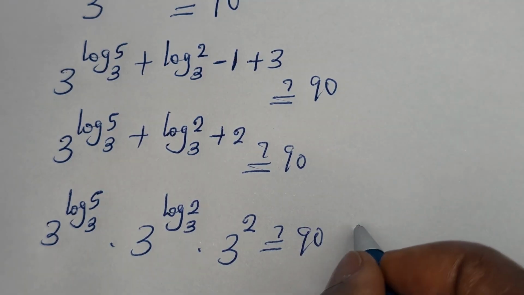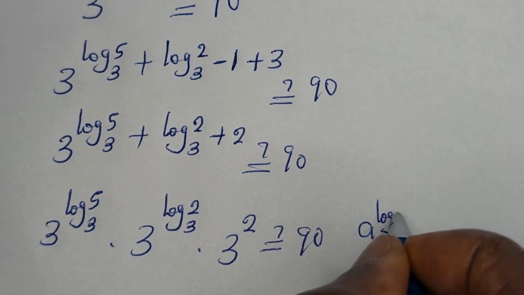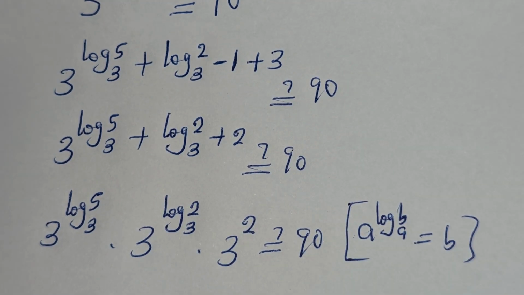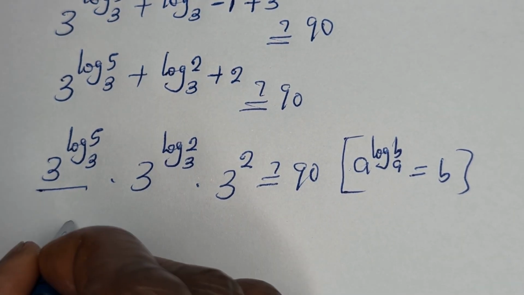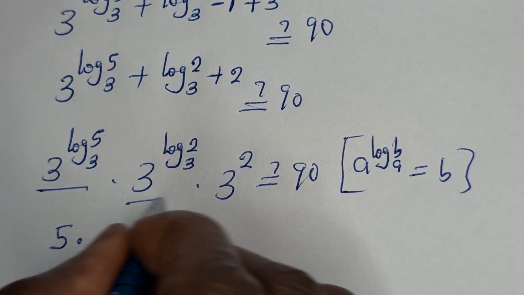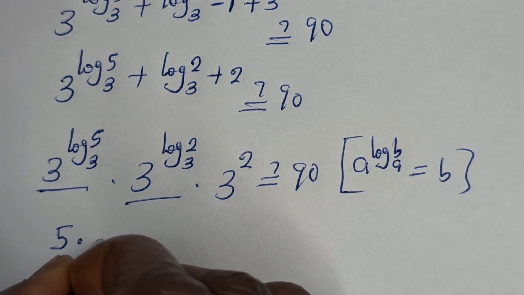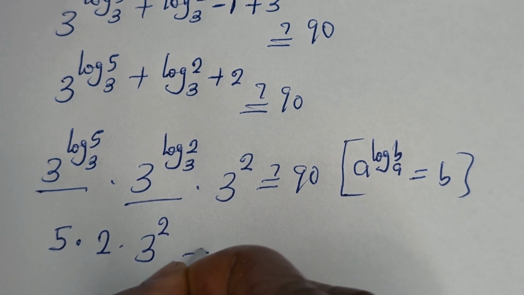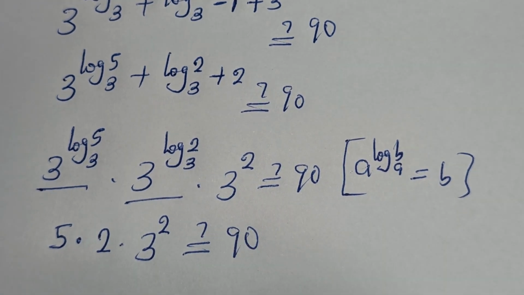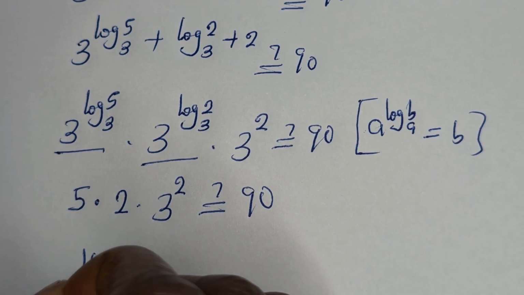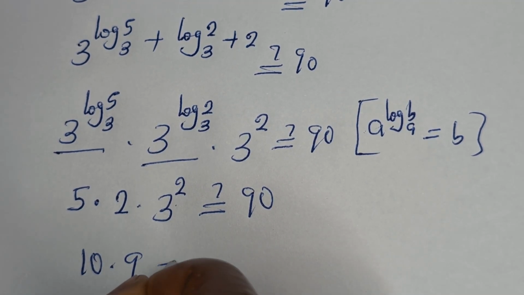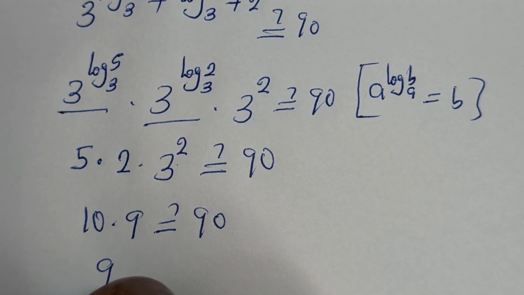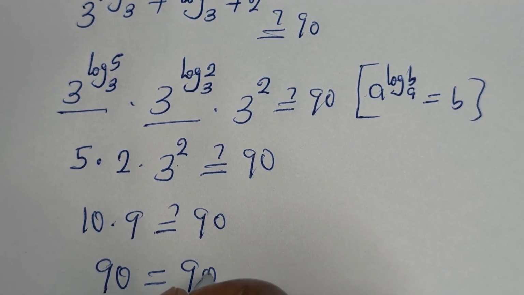Then if you have 3 raised to power log b base a, this is equal to b. This can be written as 5 multiplied by 2 multiplied by 3 square must be equal to 90. Then 5 times 2, that is 10 multiplied by 3 square, 9 must be equal to 90. Then 10 multiplied by 9, this is 90, is equal to 90, which is true.